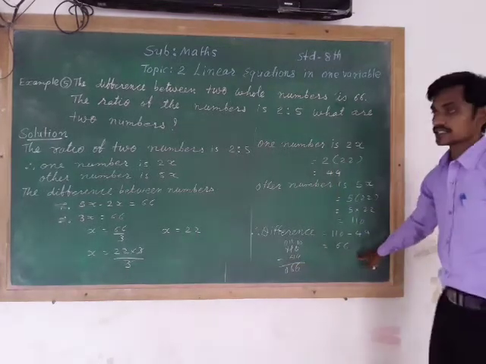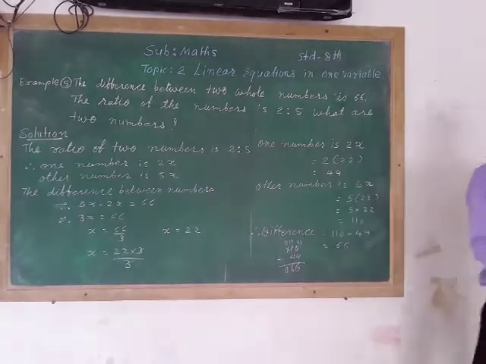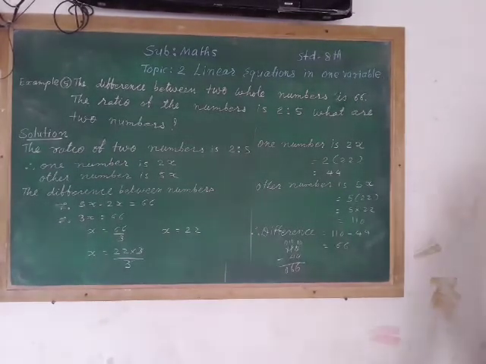So what is the answer? 66. The difference between the two whole numbers is 66. Answer. Understood this example also?